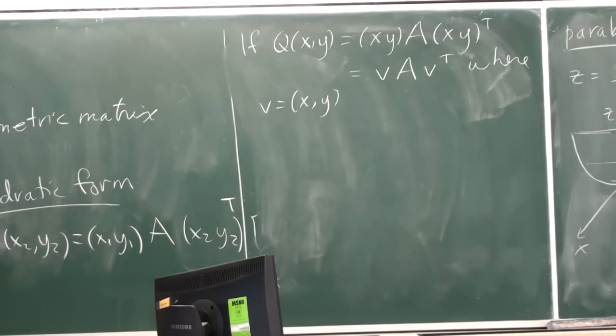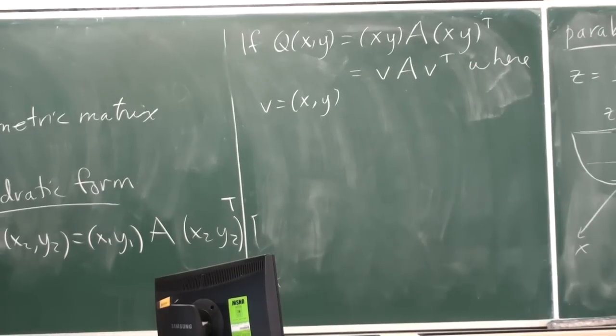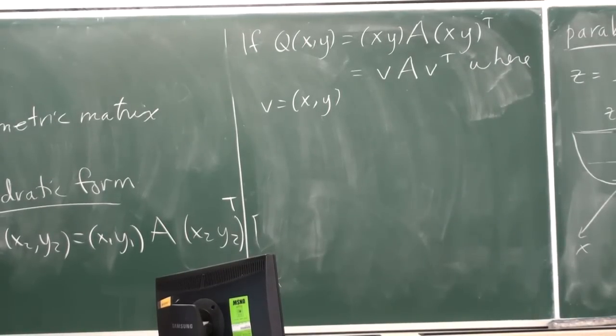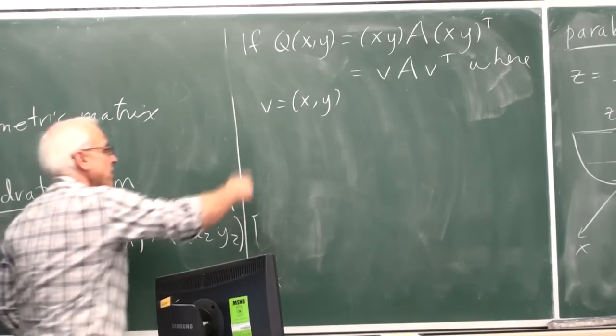Then one thing that we can do with this quadratic function is to change coordinates. It's a very popular thing to do to try to simplify the quadratic form, to bring it into a more manageable place. So change of coordinates.